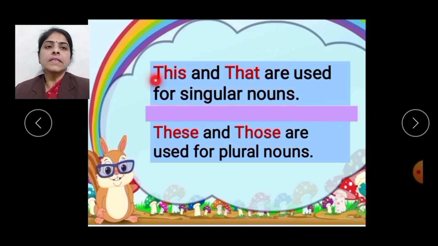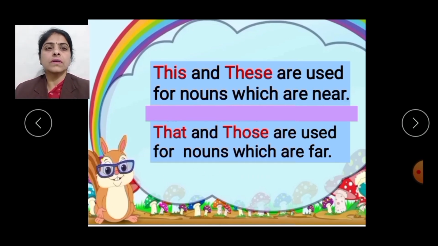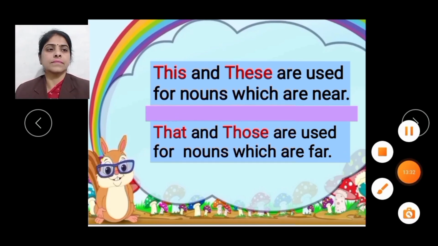Here, this and that are used for singular nouns, while these and those are used for plural nouns. Another point is, this and these are used for nouns which are near in distance, while that and those are used for nouns which are far in distance.